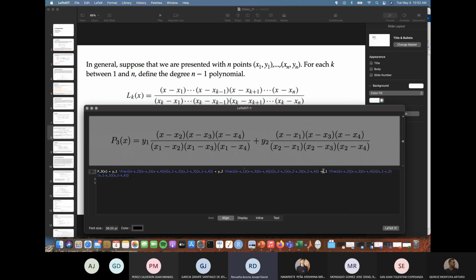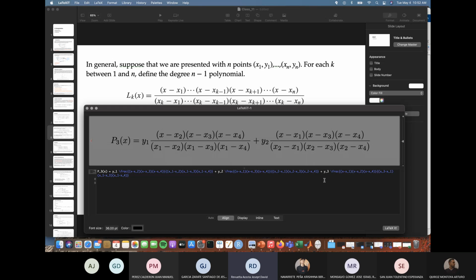So another term could be J3. This is going to be J1, 2, and 4. This is going to be X3, X1.